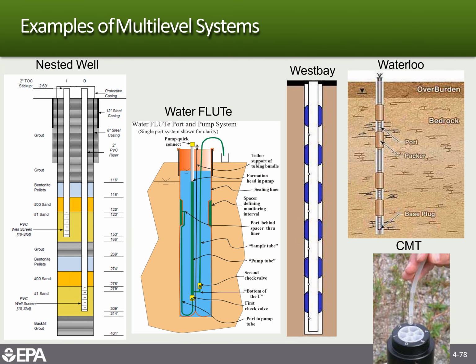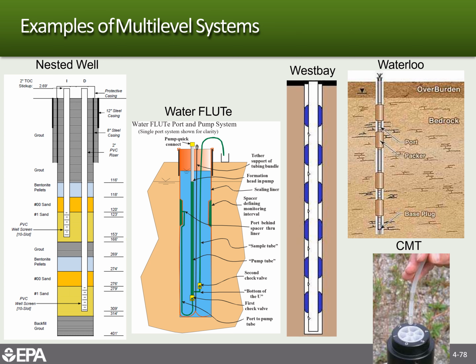So there are 4 or 5 technologies here for multi-level systems for fractured rock or other settings. The simplest is just a nested well, where you have one borehole and a couple of different pieces of PVC casing set at different depths with the right amount of sand pack and grout between them.